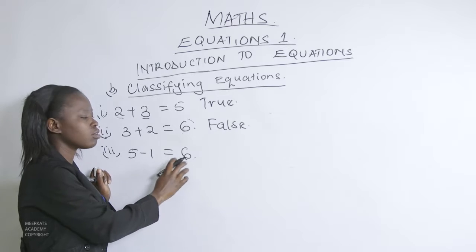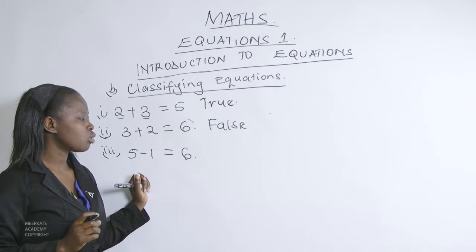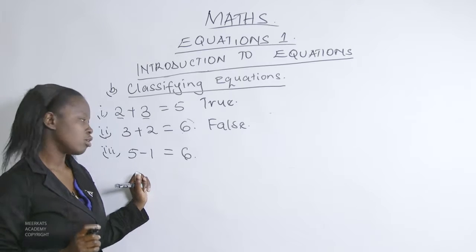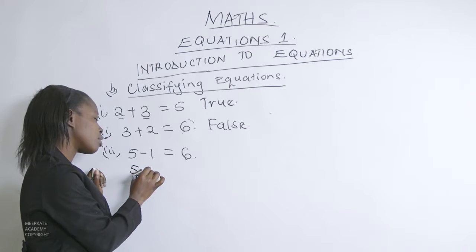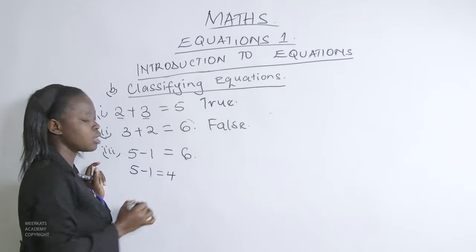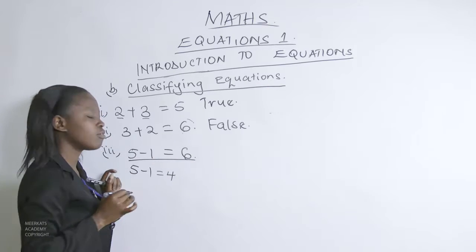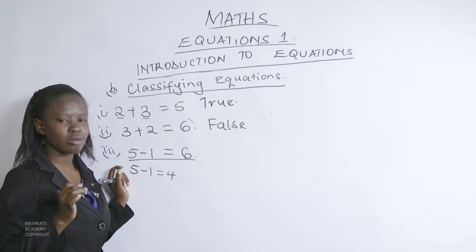5 minus 1 is equal to 6. We need to find out, is our equation true or false? 5 minus 1, we find that 5 minus 1 should be equal to 4. But the equation that we've been given is 5 minus 1 is equal to 6.